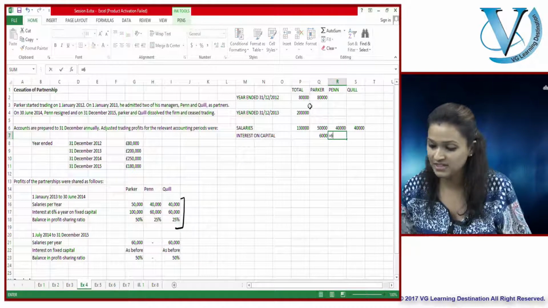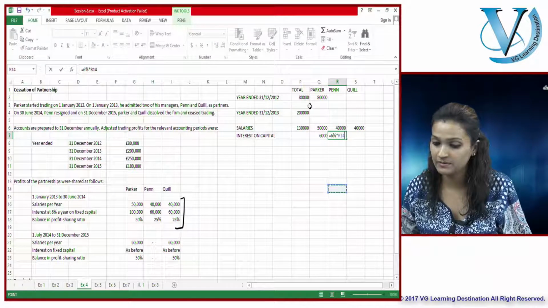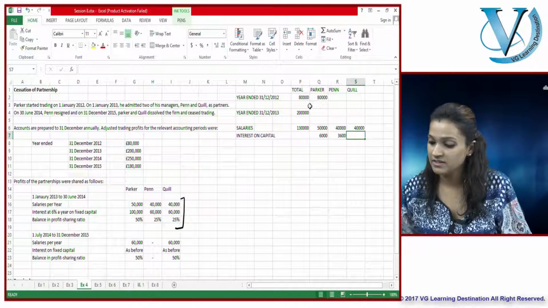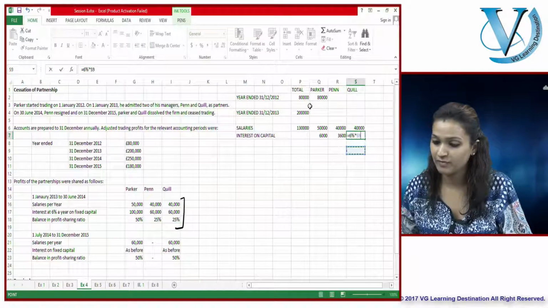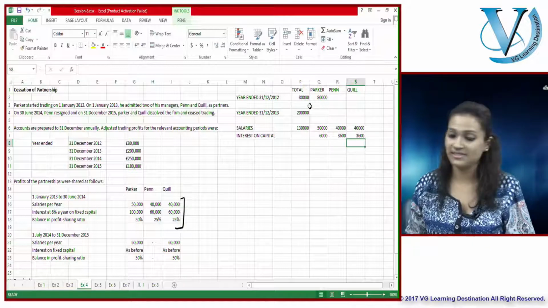Similarly, 6% of the capital of 60,000 here, and 6% of capital which is 3,600 here.